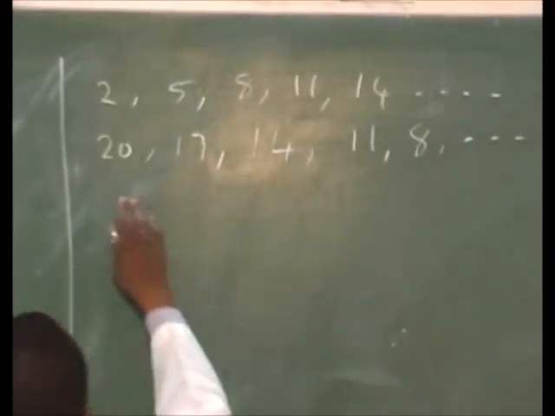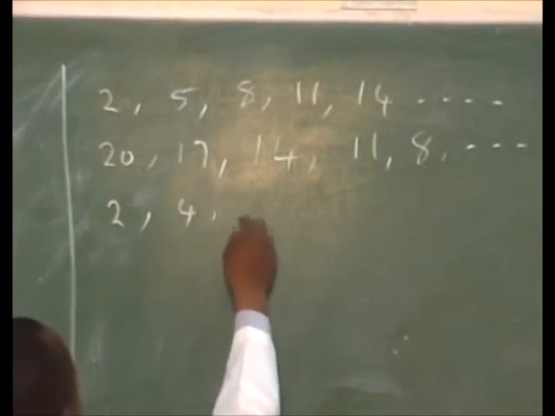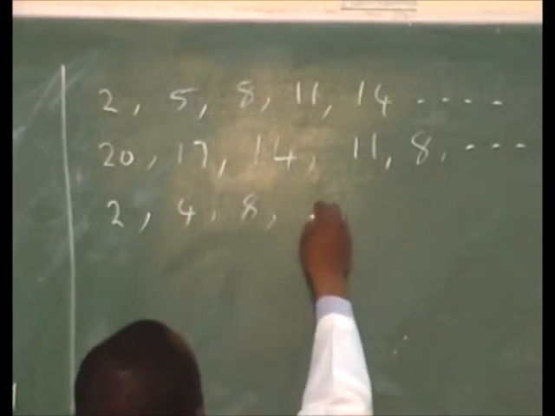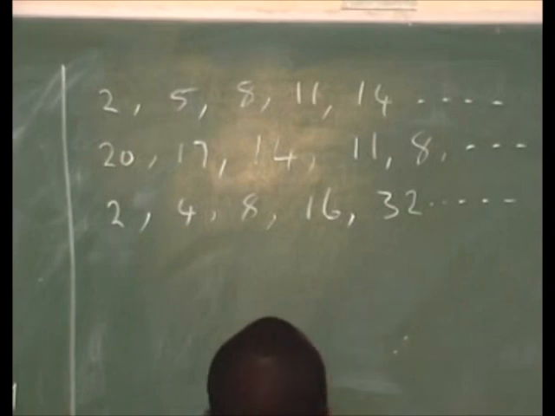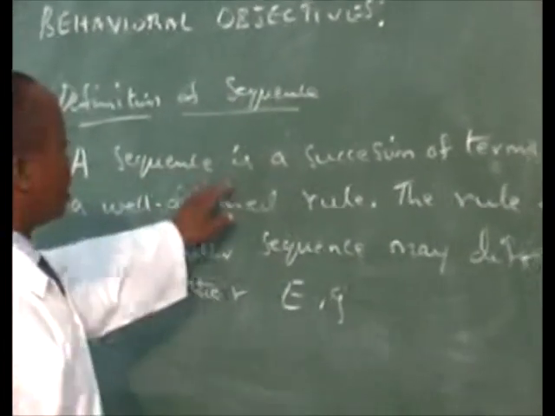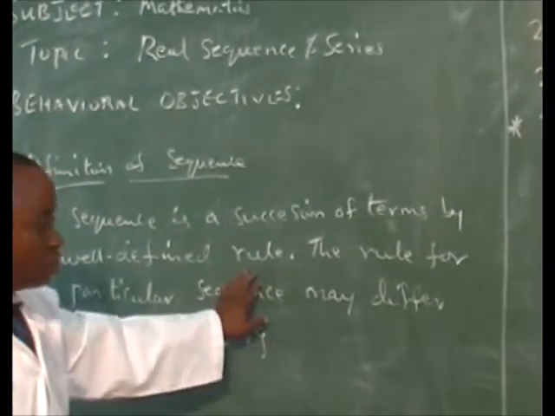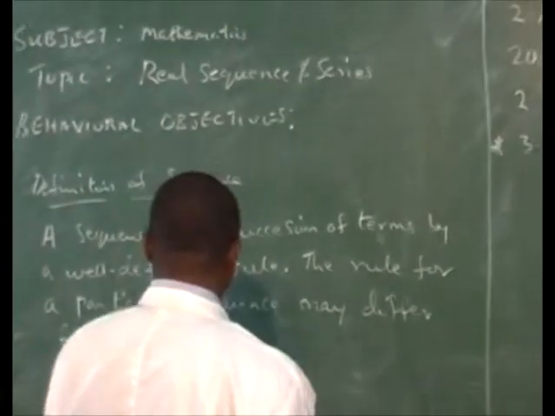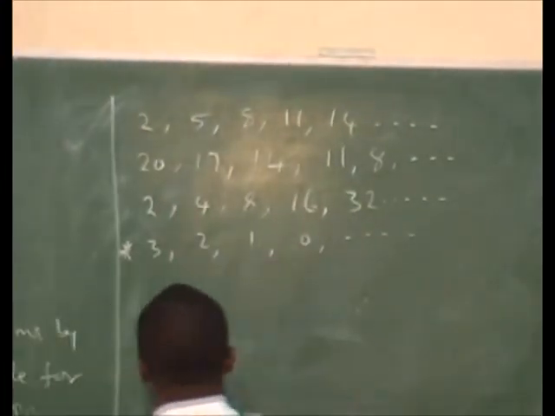We can also have 2, 4, 8, 16, 32. It continues. Now we have said that a sequence is a succession of terms by a well-defined rule. The rule for a particular sequence may differ from others. So, example, we put this.